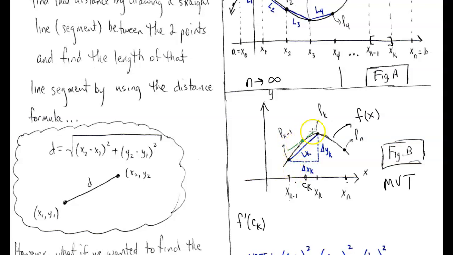And of course, the slope of that tangent line would be the derivative of that function. What the mean value theorem guarantees is that there is a value in between here and here such that the derivative, or the slope of the tangent line, is going to match the slope of the secant line from x sub k minus 1 to x sub k. And so what that looks like here is this.